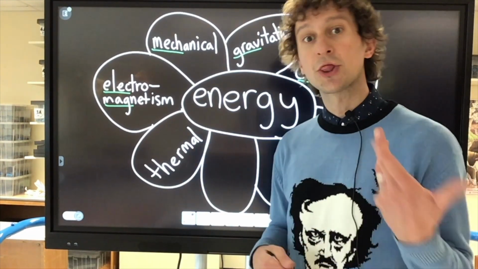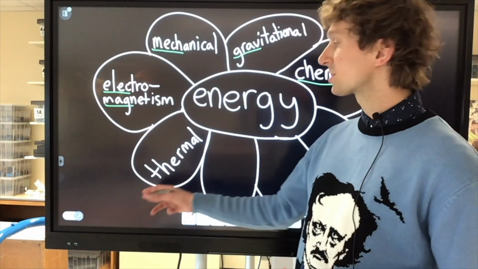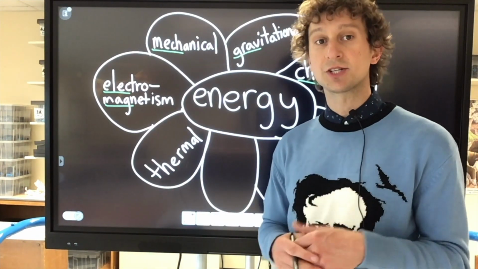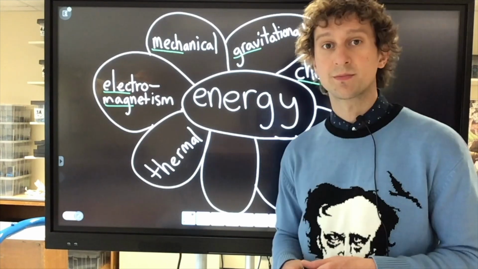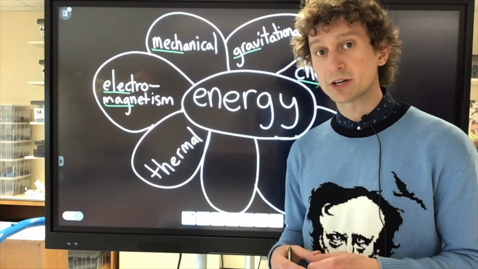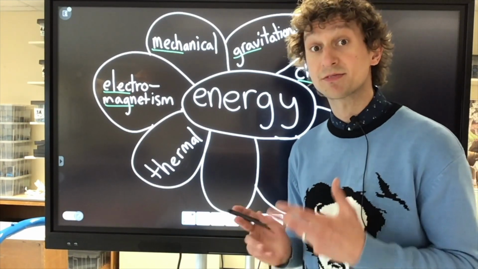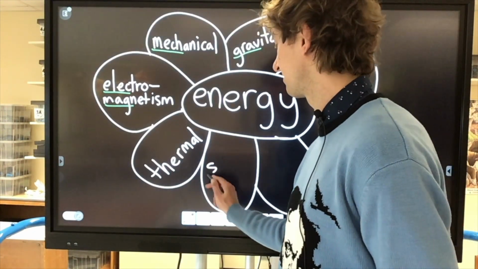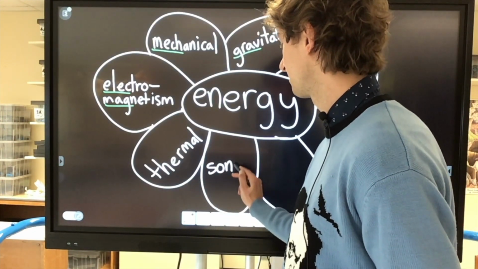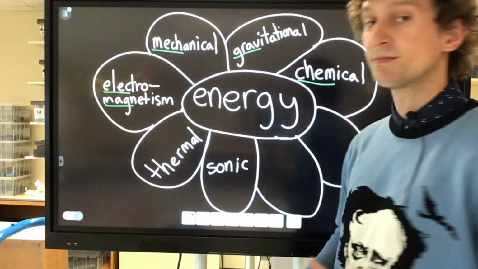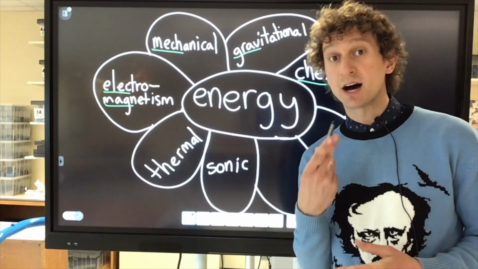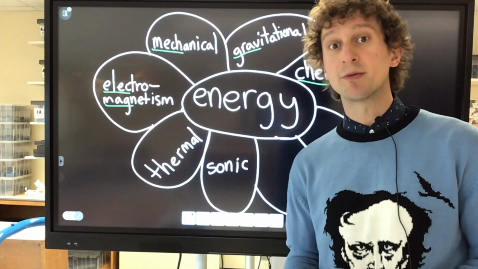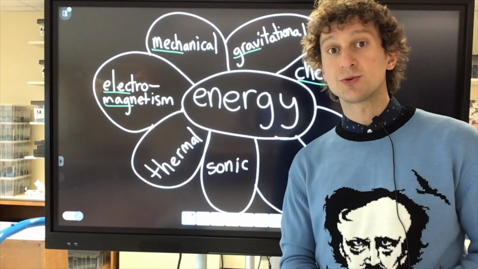Thermal, think thermometer. This thermal is heat energy. Thermal is heat. Now the word for sound energy is also the word for everybody's favorite hedgehog, sonic. An example of sonic energy is energy coming from my vocal cords into your ear.